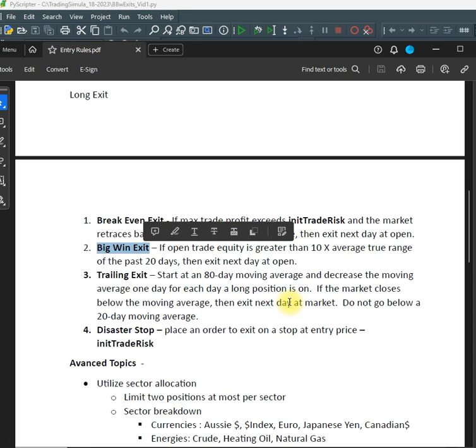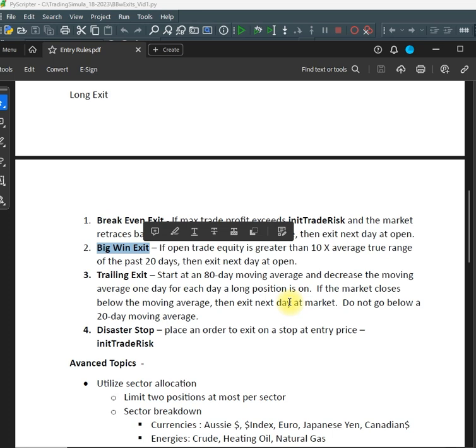So if you're in a compressed market, that amount of movement is going to be less. If you're in a non-compressed market or a market that's got a lot of volatility, that number will be larger. So you're hoping that the big win exit will get you out with enough profit based on the current market condition.